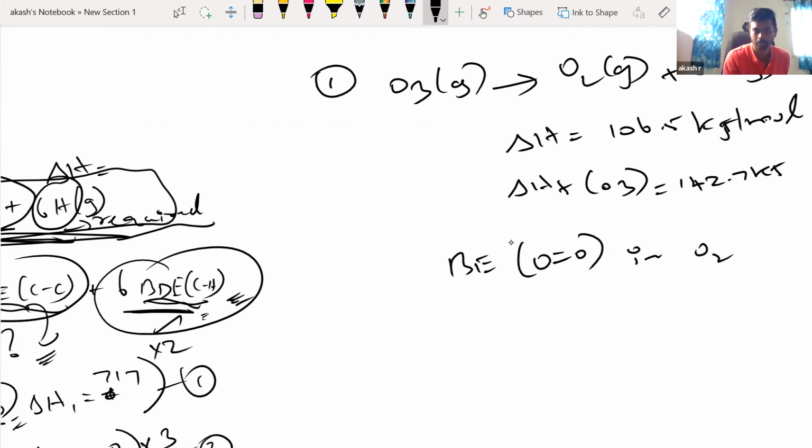Basically, you can call it a bond enthalpy, because there's only one type of bond in this molecule. So either you call it bond enthalpy or bond dissociation enthalpy. It does not make much of a difference. Think about it, and you can do it. And I'm going to help you.